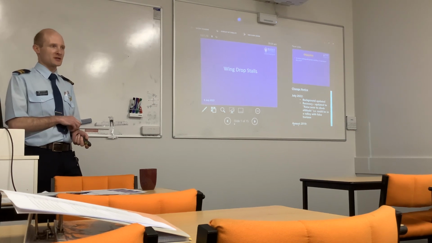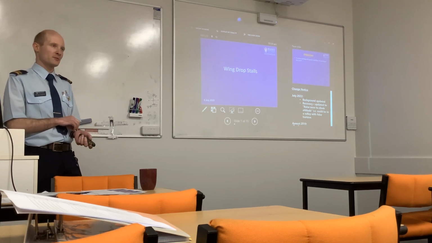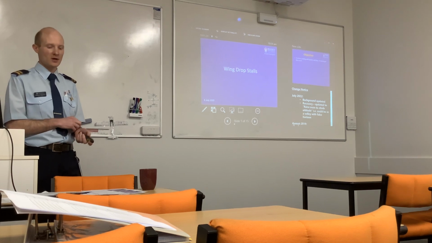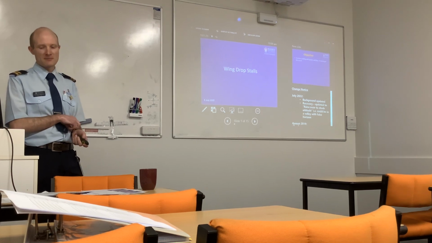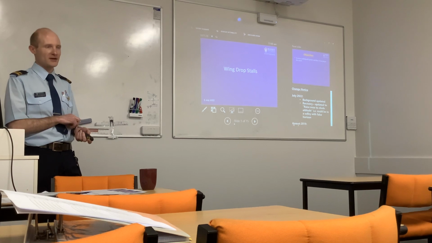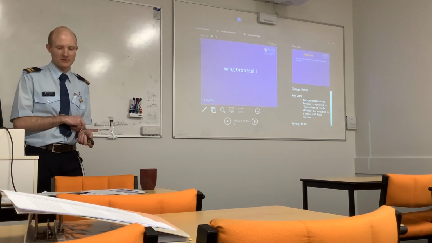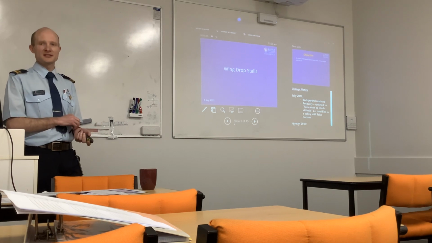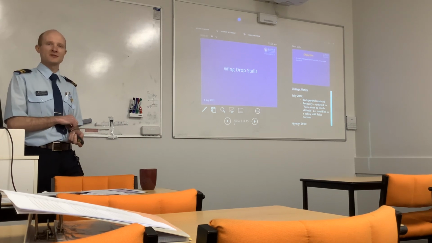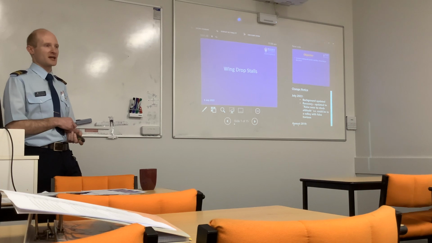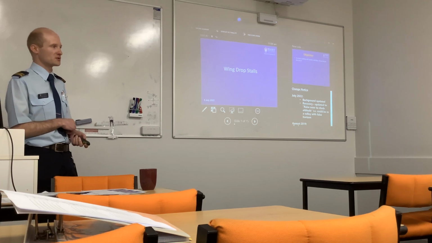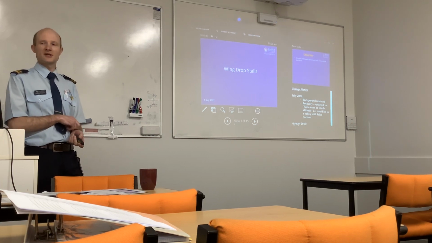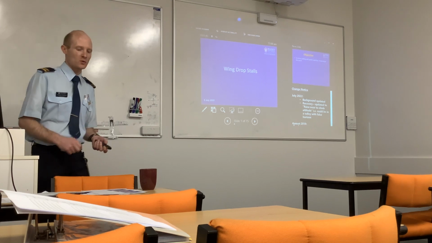Today, however, we're going to look at the stalls where the aeroplane does roll and does yaw, and we'll learn the slightly amended or slightly modified version of the standard recovery for that. So after today, no matter what the aeroplane does at the stall, you will have the skills and the confidence to be able to recover as for a basic stall, where both wings stall at the same time, and also if the aeroplane rolls and yaws at the point of stall.